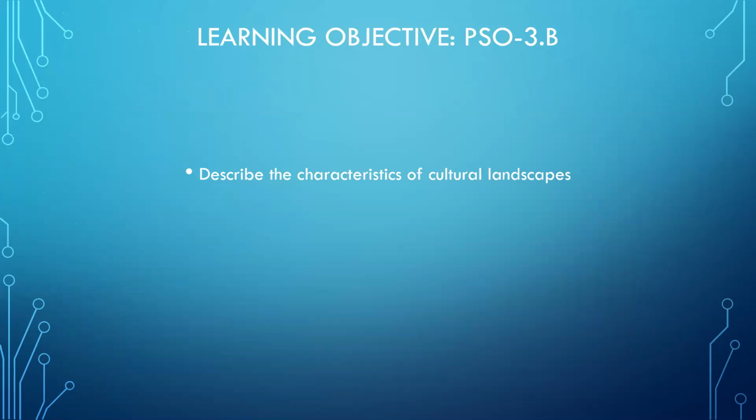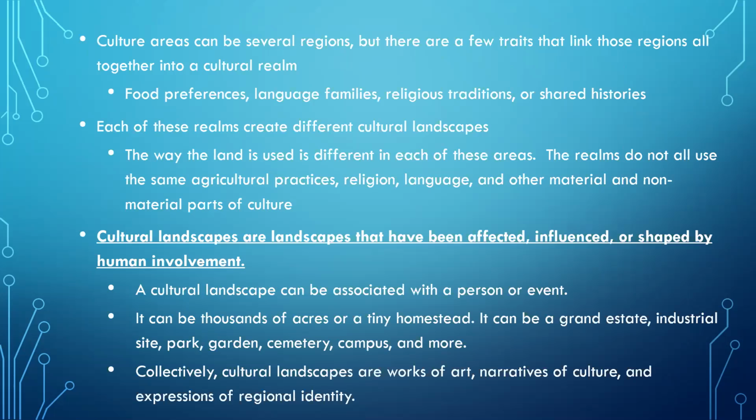So when you think of the cultural landscape, just think of the built environment, what humans have constructed over time, the tangible and the non-tangible. Cultural areas can be several regions, but there are a few traits that link all these regions together into a cultural realm.